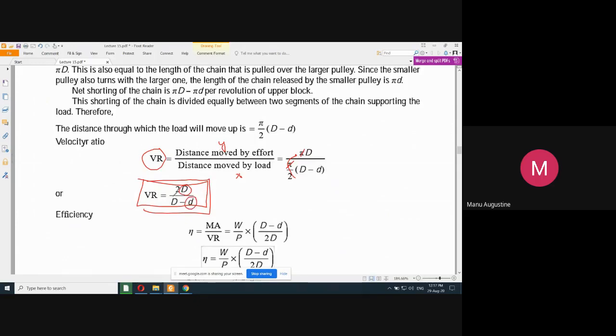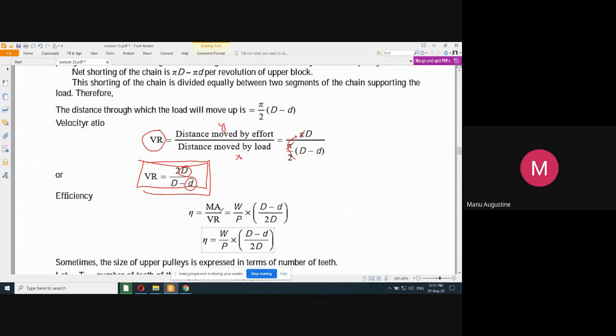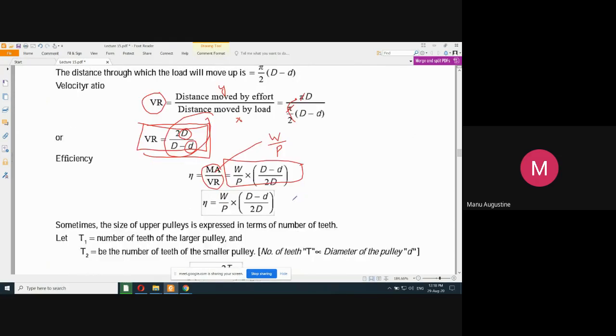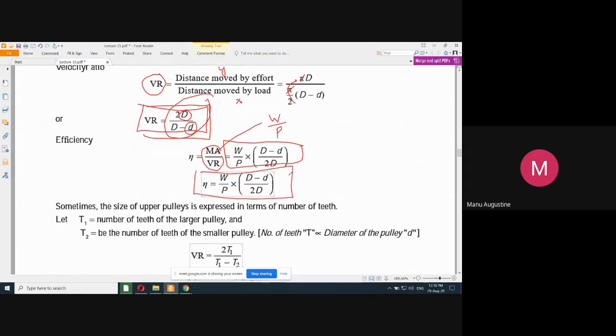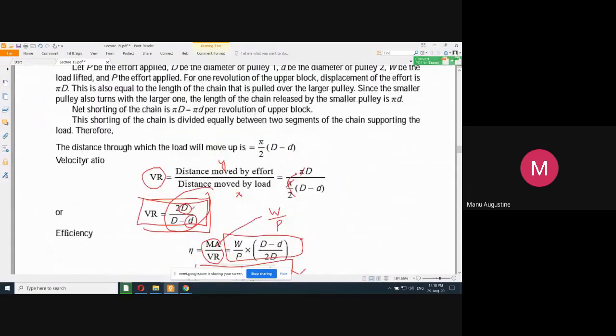Now once again, efficiency, which is mechanical advantage upon velocity ratio, can be found. Mechanical advantage you write as W by P. So mechanical advantage divided by this expression of velocity ratio, you rearrange it, you get this. And once again, you don't have to remember this formula, not at all. You just need to remember the formula for velocity ratio.